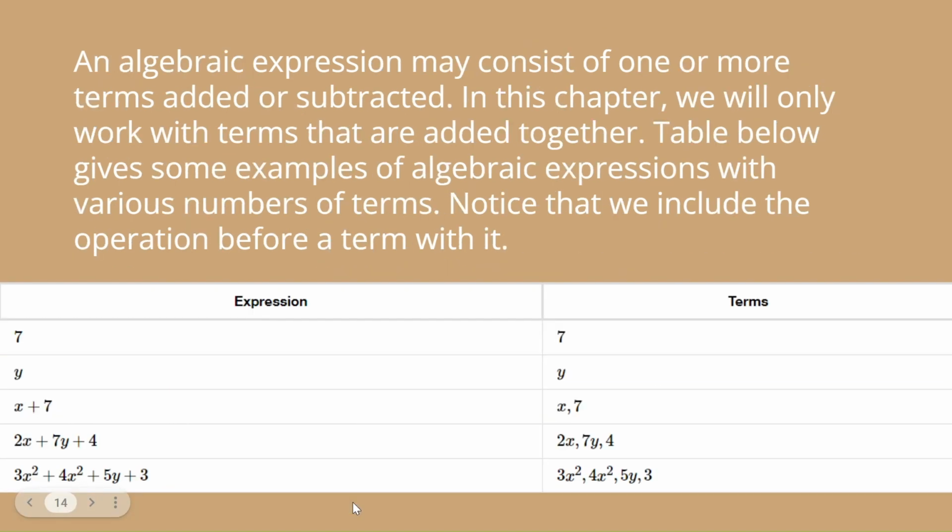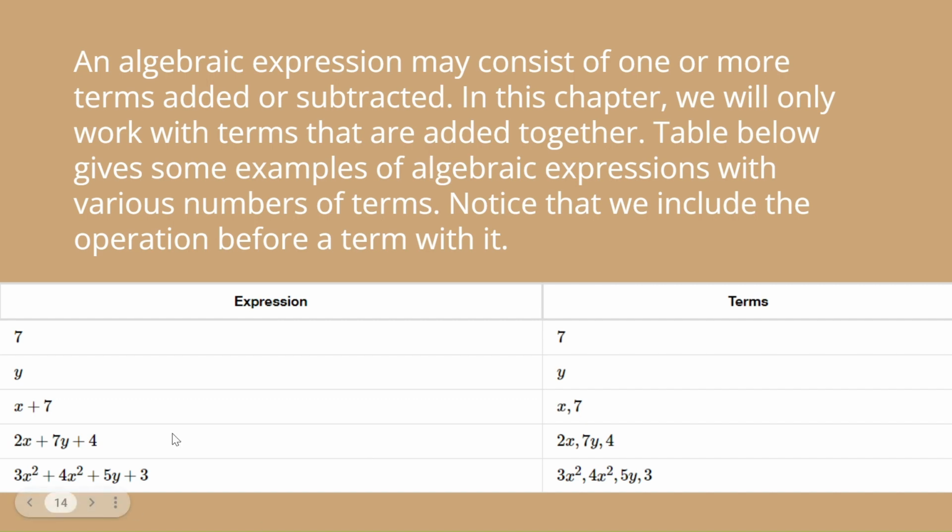An algebraic expression may consist of one or more terms added or subtracted. In this chapter, we will only work with terms that are added together. The table below gives some examples of algebraic expressions with various numbers of terms. Notice that we include the operation before a term with it.